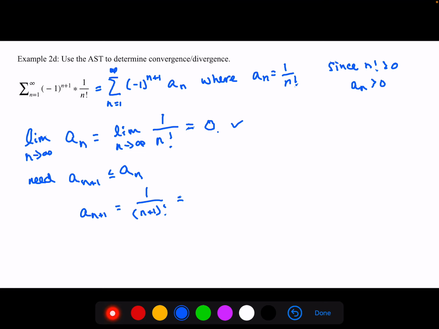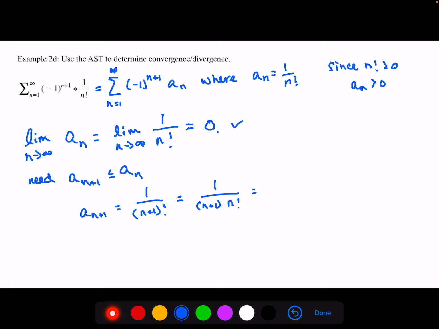1 over n plus 1 factorial can be rewritten by iterating terms. So whenever you see a factorial, try to iterate to a term that you want to use, either for cancellation or, in this case, so that we can identify the term a sub n. And we have n plus 1 times n factorial.